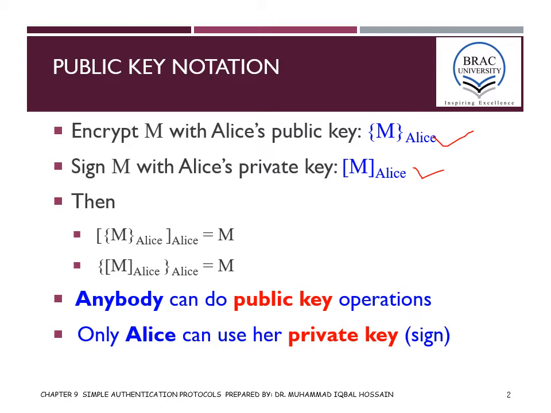Encrypting with Alice's public key, then signing with Alice's private key, we get the message. And also if we sign the message first and then encrypt it, we get the same thing, the message. So anybody can do these public key operations, and only Alice can use her private key for signing. Okay, just remember this part.